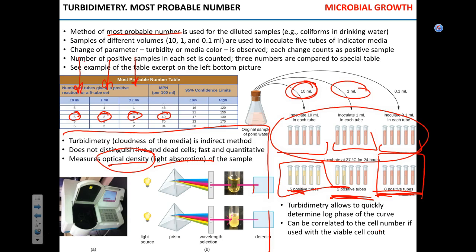How should we interpret this result? Especially knowing that there are confidence limits. When I say how should we interpret, I ask you, what does that mean? Can you explain it? That we determine that 49 cells per 100 milliliter is the most probable number.